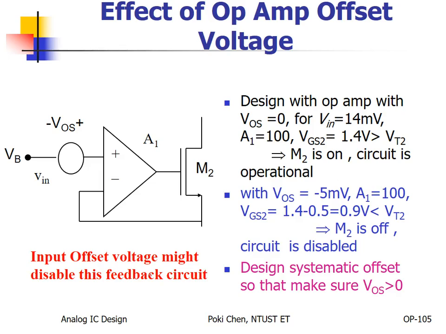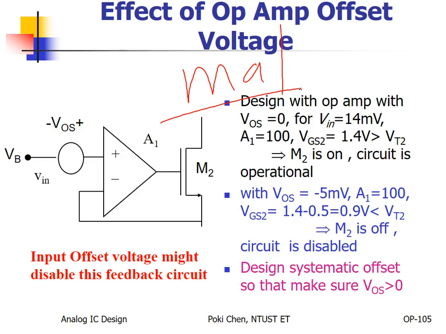Then you need to pay much attention to such very, very high gain op-amp design. If there's anything wrong, you need to be very careful. The op-amp will become malfunctional, meaning it doesn't work at all.